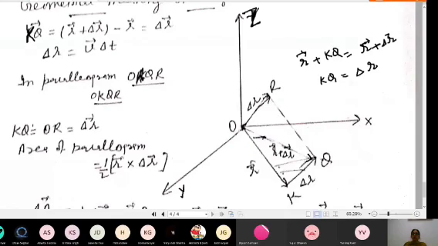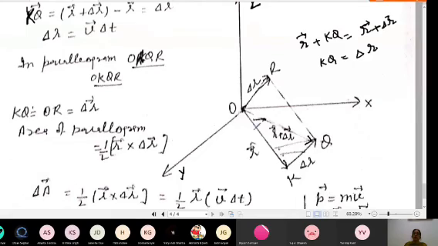Now if I complete this parallelogram, the dotted line is made only to complete the parallelogram ORQK. The area of this parallelogram is given by the cross product of the vectors forming the two sides, so the area of the triangle is 1/2 r cross delta r.